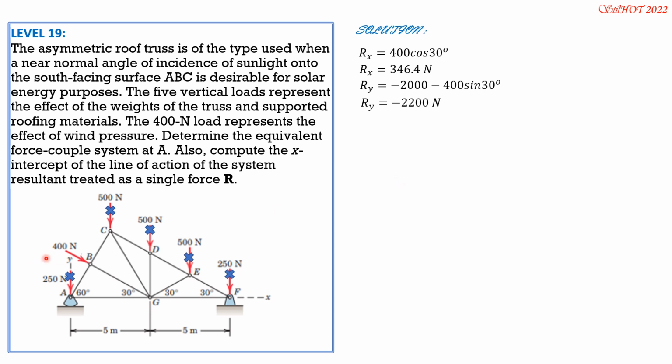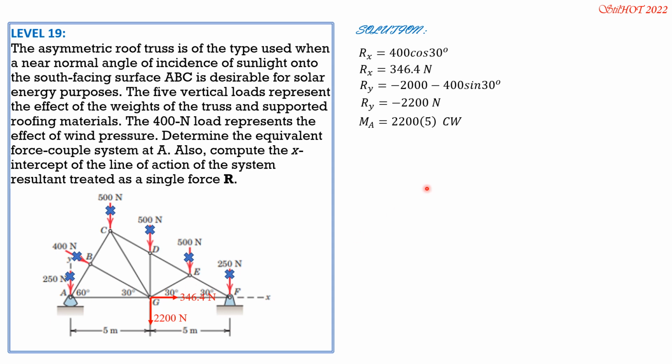We then put these components of the resultant at G, so that it is obvious that the resultant passes through G, and we don't need to solve for the x-intercept, which is obviously 5 by the principle of transmissibility. And the moment about A is also obvious, 2200 times 5 clockwise, or 11,000 Newton meter clockwise.